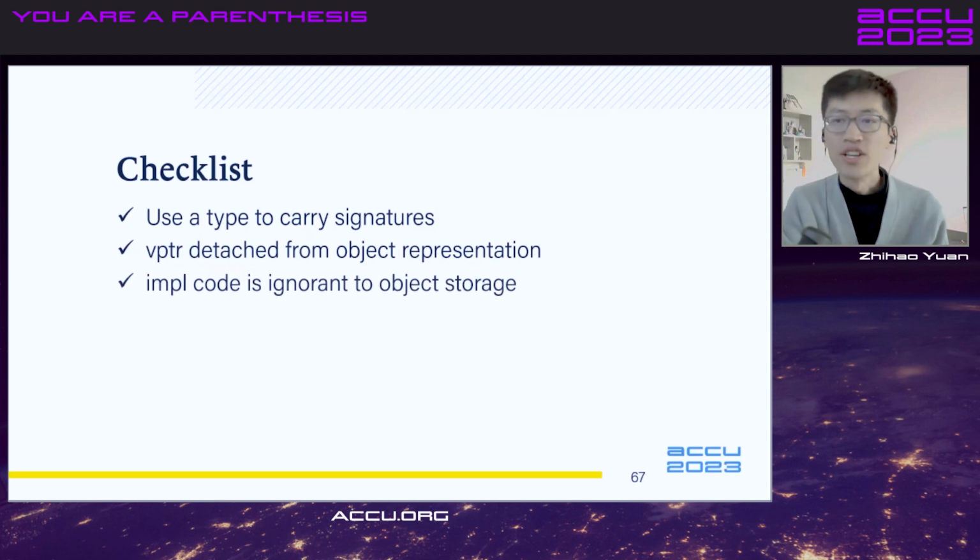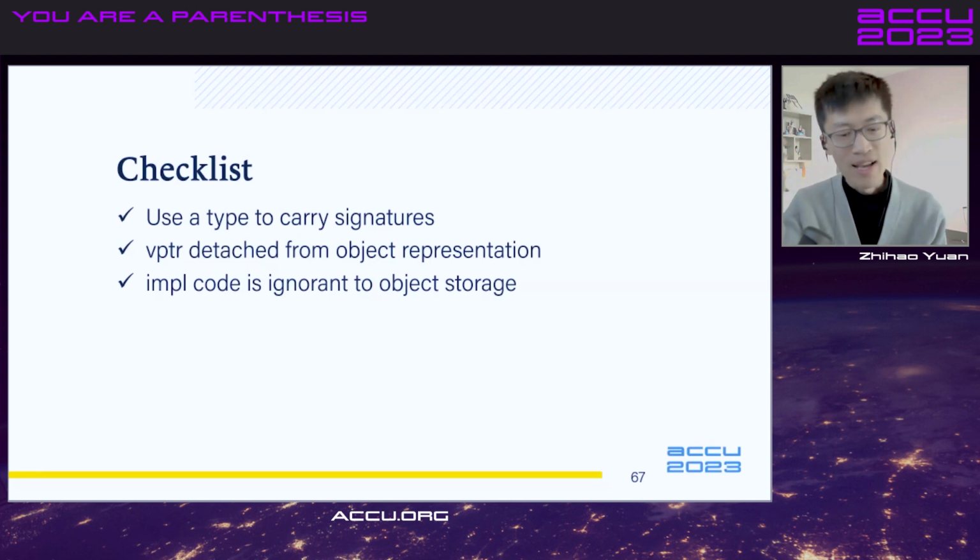Last, the impl code is ignorant of the object storage. These three give you the advantage that you can retrospectively model a concept for a type and can freely attach any interface to an existing object.